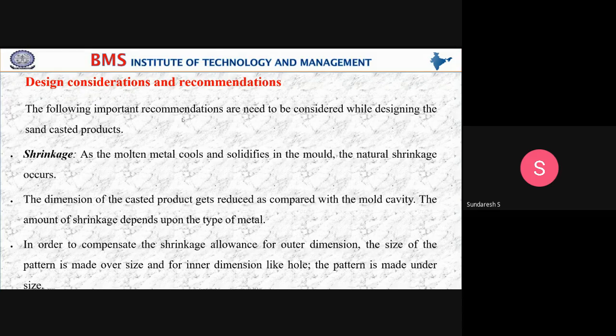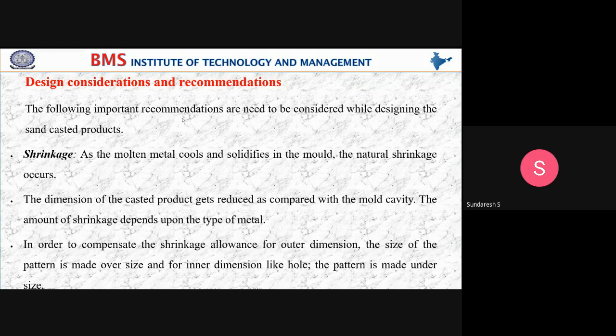All materials, once heated to their molten state, expand, and once they solidify at room temperature, they have a tendency to undergo shrinkage. So the dimension of the cast product gets reduced as compared with the mold cavity. This is one important thing.